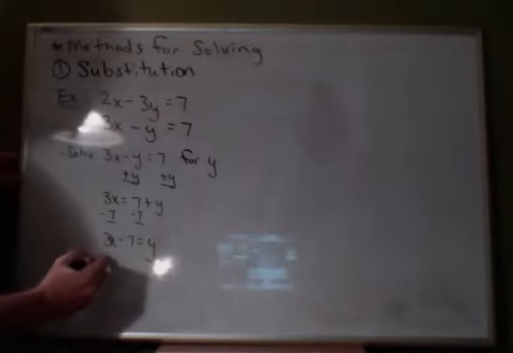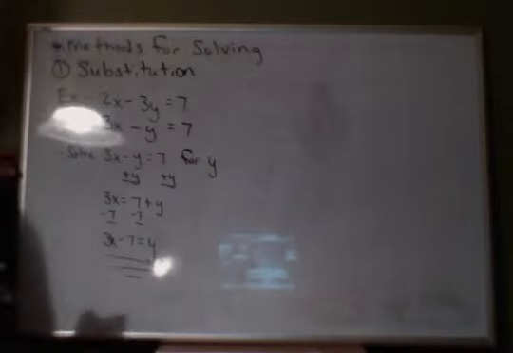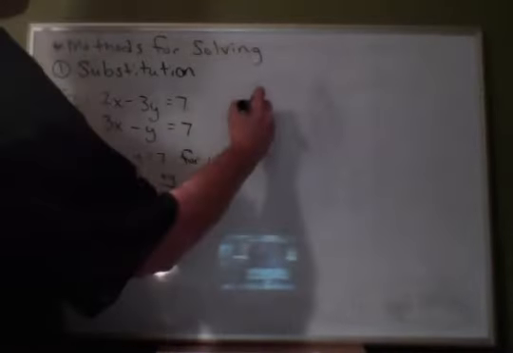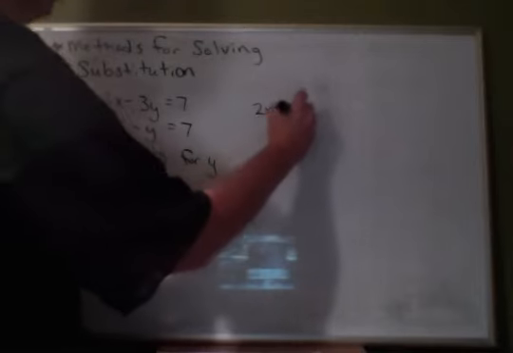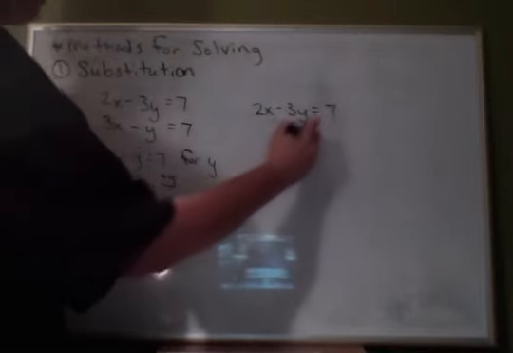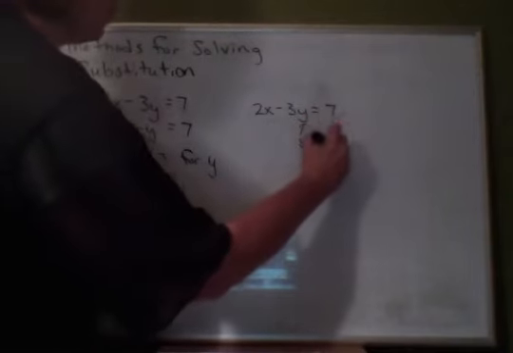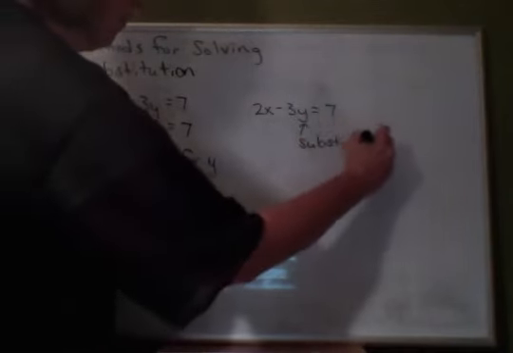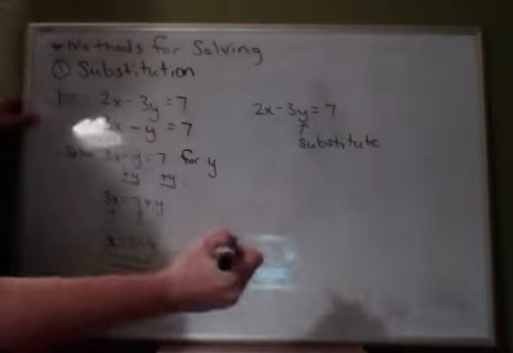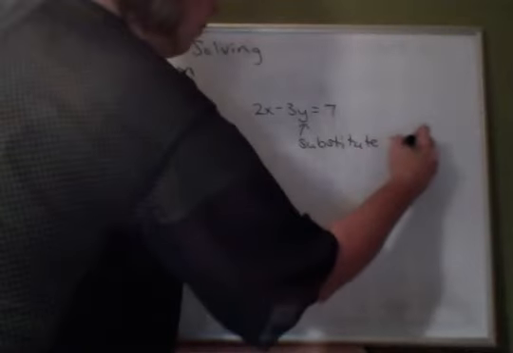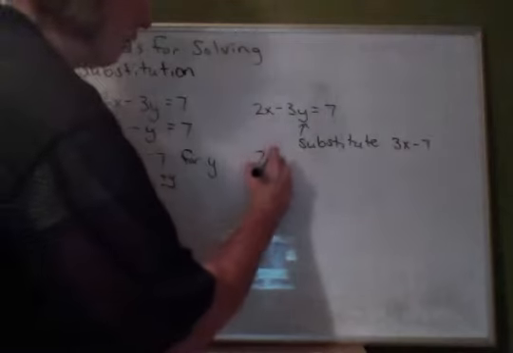Now I'm going to take this new equation that I have and I'm going to go back to the other equation, this 2x minus 3y equals 7. And in place of y, I'm going to substitute 3x minus 7, so that it's going to look like this.